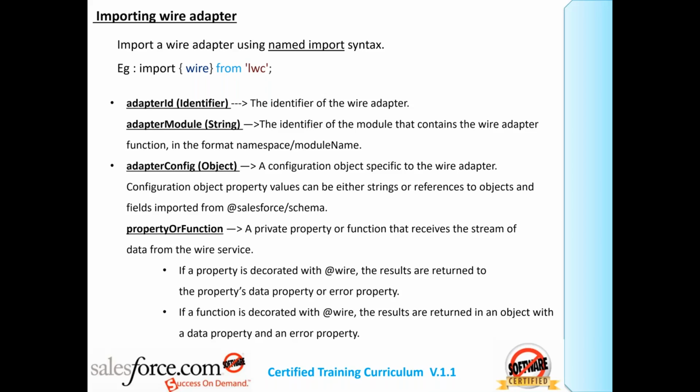Next line. Wire services can be decorated with number one, wire a property or wire a function. So a wire, you can decorate with a wire a property or wire a function.